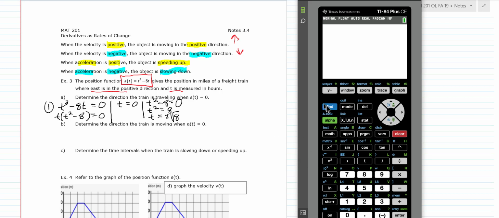Now I'm just going to get a decimal, so I'm going to take the square root of 8, rounded to 2 decimals. So s of t is equal to 0 at t equals 0, and t is approximately 2.83. So that takes care of that.